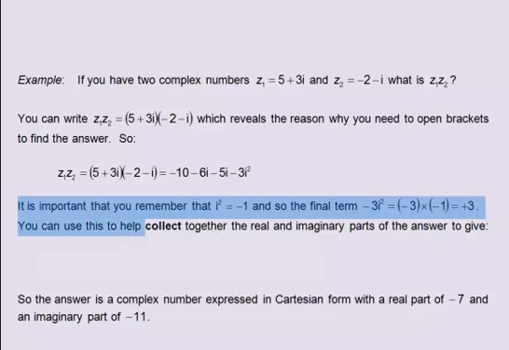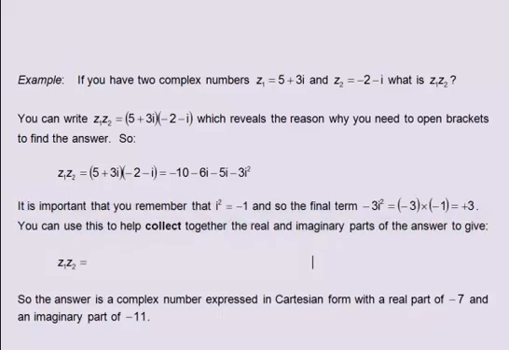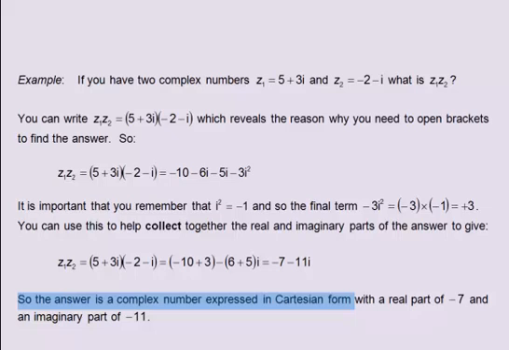You can use this to help collect together the real and imaginary parts of the answer to give z1 multiplied by z2 equals 5 + 3i multiplied by −2 − i, which equals −10 + 3 − 6i − 5i, which equals −7 − 11i. So the answer is a complex number expressed in Cartesian form with a real part of −7 and an imaginary part of −11.